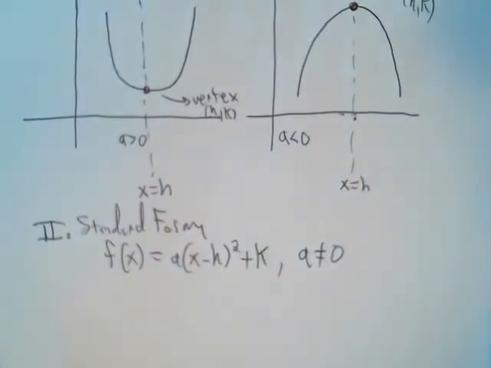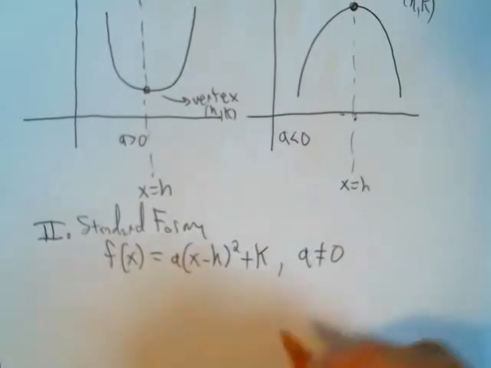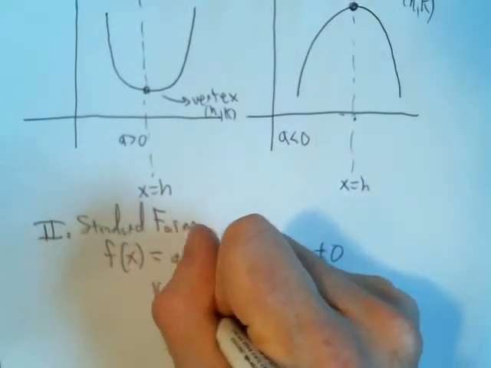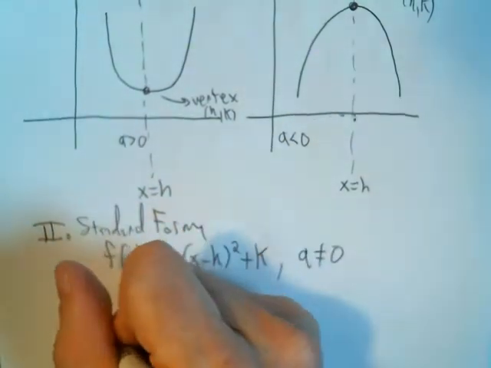So you see, if you get it into this form, the vertex will be h comma k. Vertex h comma k.